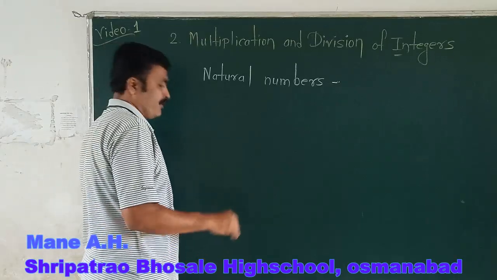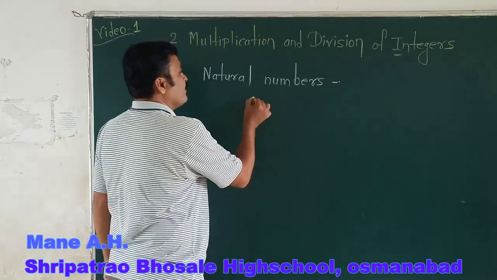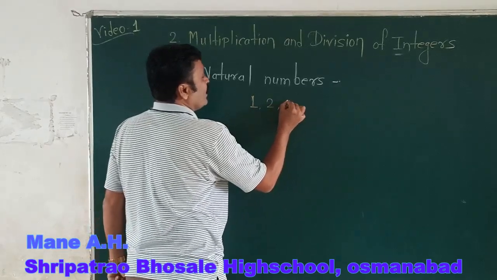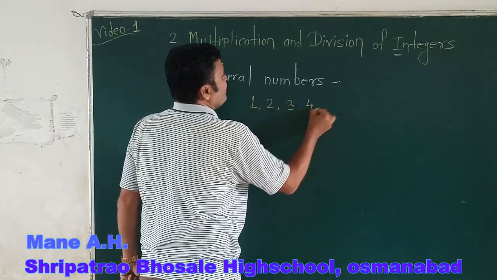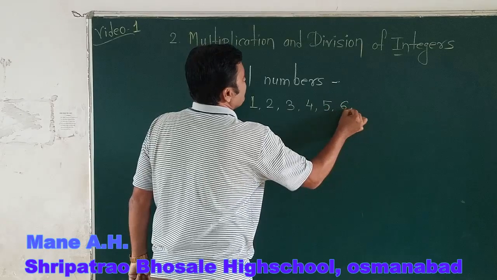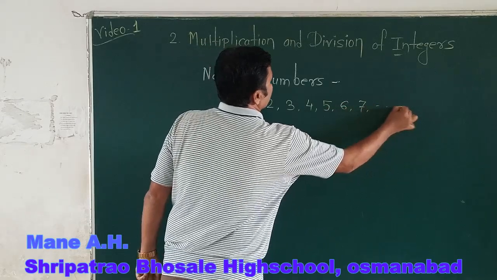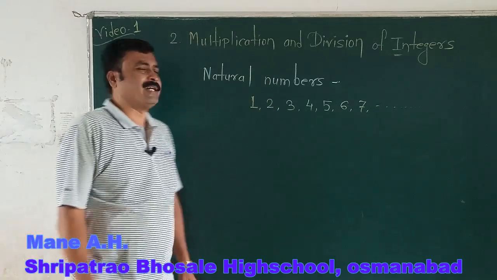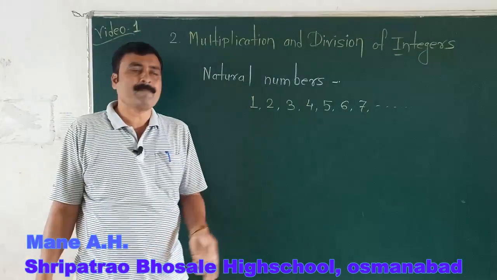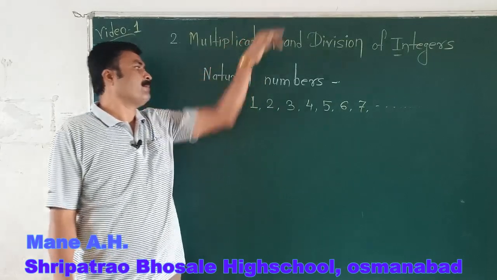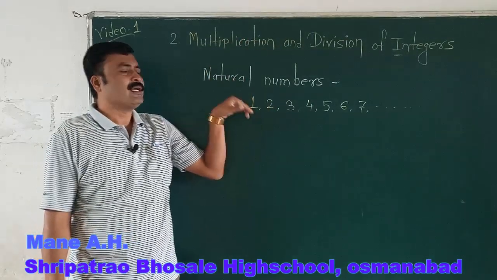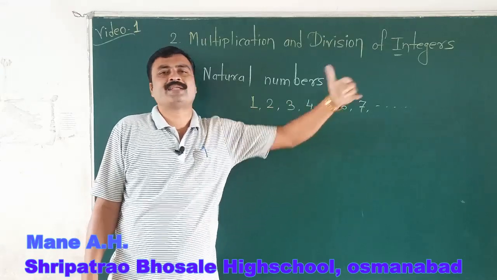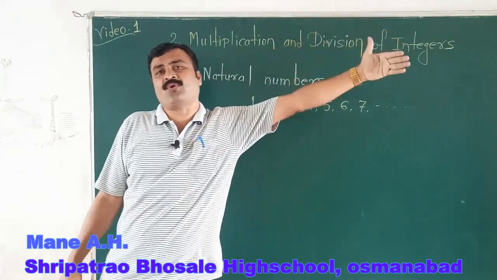So we start the 1 digit numbers from 1 and then proceed like 1, 2, 3, 4, 5, 6, 7, dash dash, and so on. The first group of numbers that we say is natural numbers, and the group of natural numbers always starts from 1 and proceeds like 2, 3, 4, 5, 6, 7, dash dash, and so on.